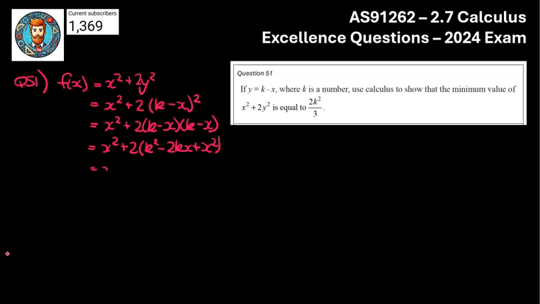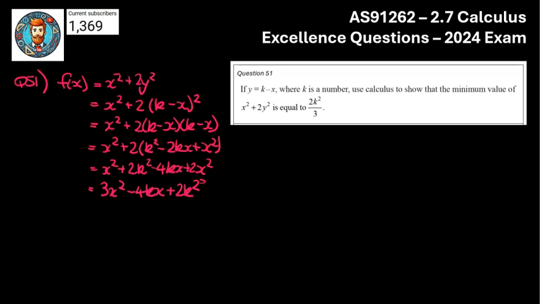I can now expand that, so it's going to be x squared plus 2k squared minus 4kx plus 2x squared. Simplifying my x squareds and putting it in x-squared form is going to be important. So remember that 2k squared is my constant, so I'm going to move that to the back while grouping the x's together at the same time, the x squared. So it's going to become 3x squared minus 4kx plus 2k squared.